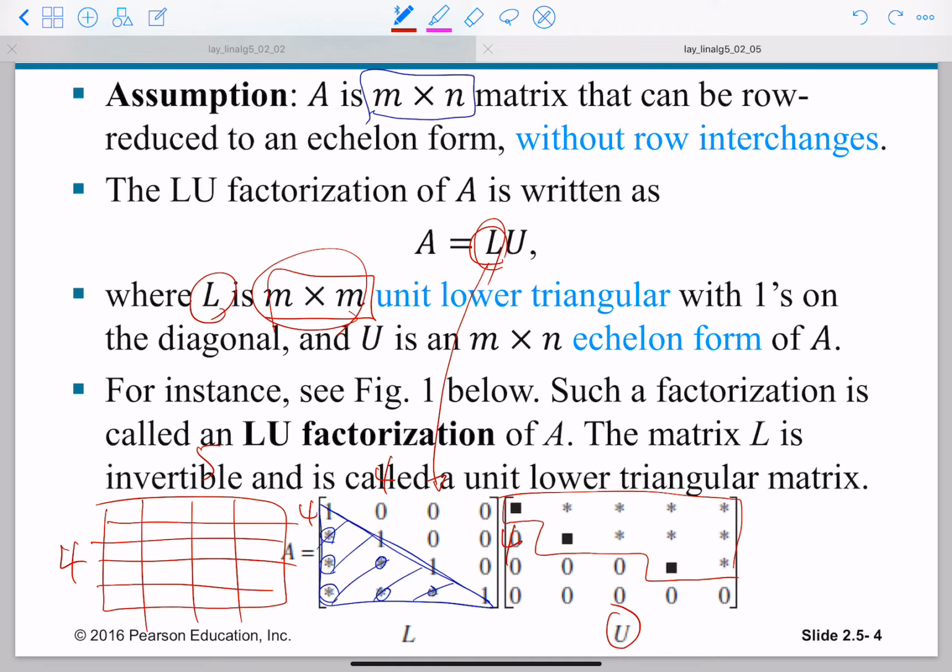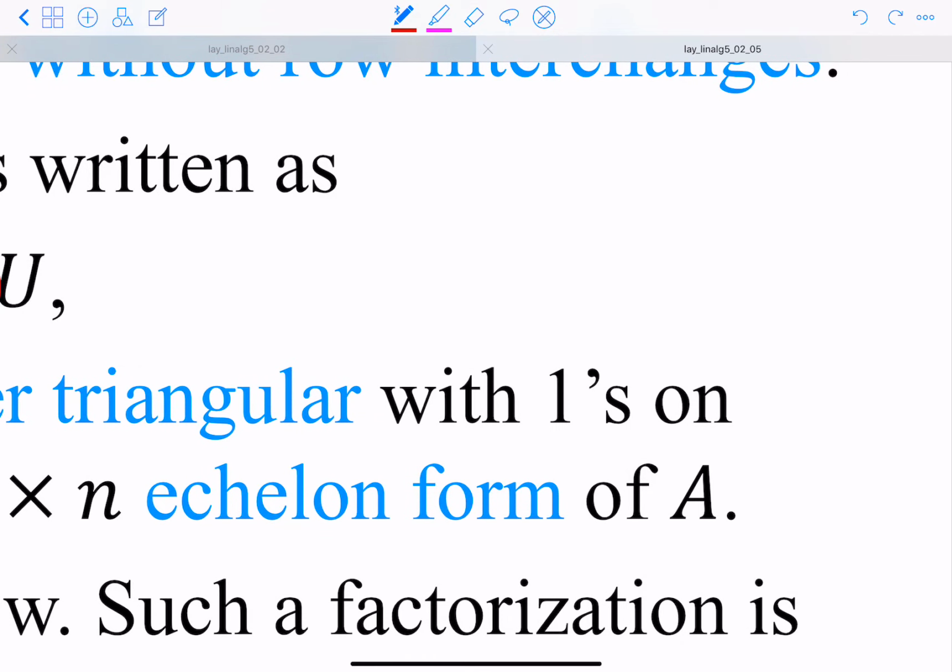Let me give an overview. This is nothing but Gaussian elimination. We are given A, and we perform a product of elementary matrices. Suppose we needed 10 steps of Gaussian elimination to obtain our echelon form matrix. That echelon form matrix is now called matrix U in the LU factorization.